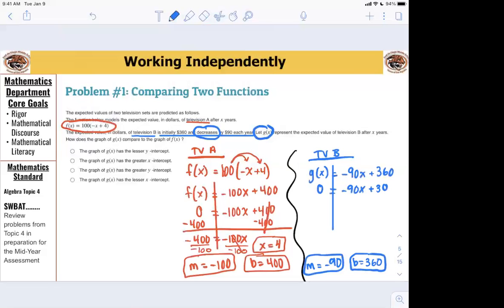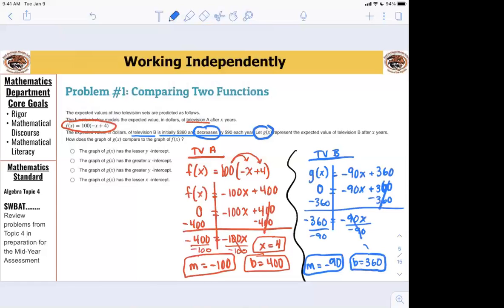I'm going to subtract, sorry, this should be 360. I'm going to subtract 360 from both sides. So I have negative 360 equals negative 90x. I divide by negative 90, so I'm literally following the same steps as before. And here, what do I get for x?